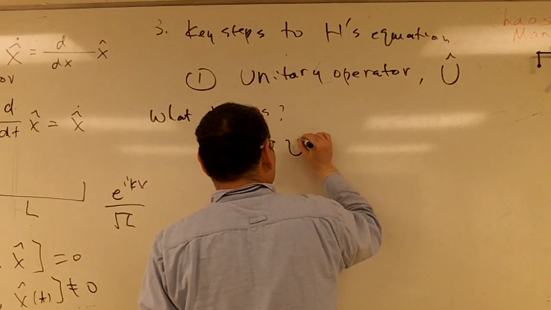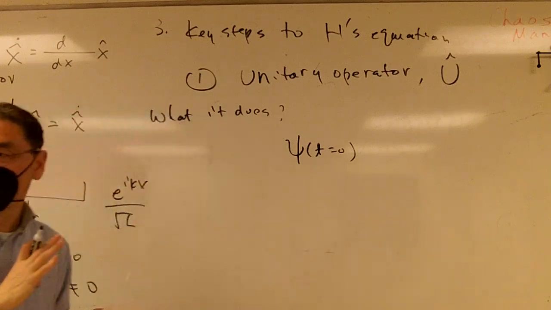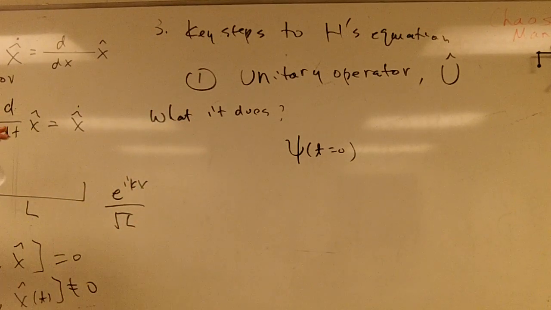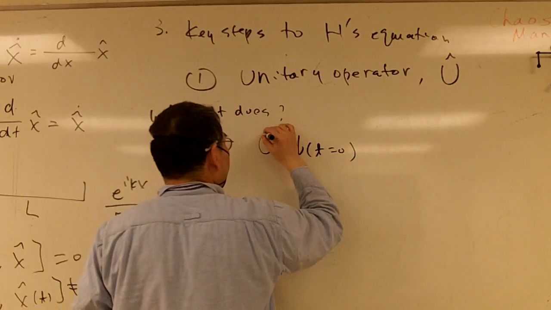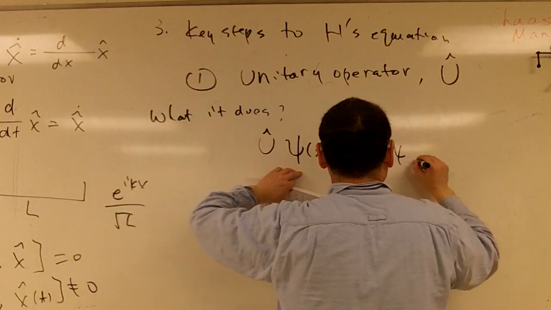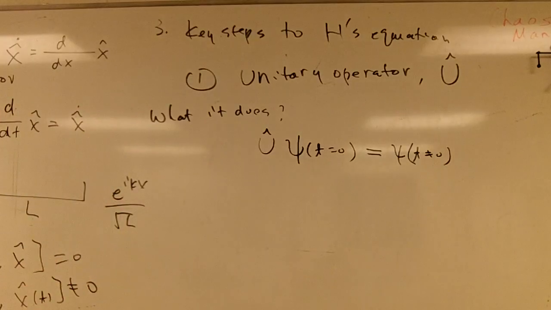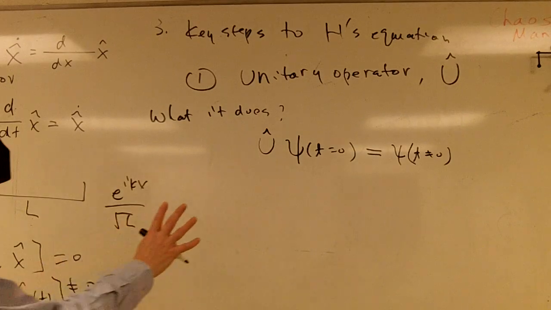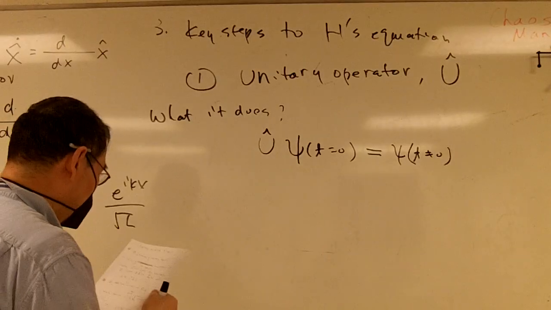Suppose in the beginning you have the state at t equals 0, a wave function. When you apply the unitary operator to it, it will transform it to a wave function at t not equal 0. So essentially it transforms a wave function at t equals 0 to a wave function at t not equal 0. That is what it is doing.